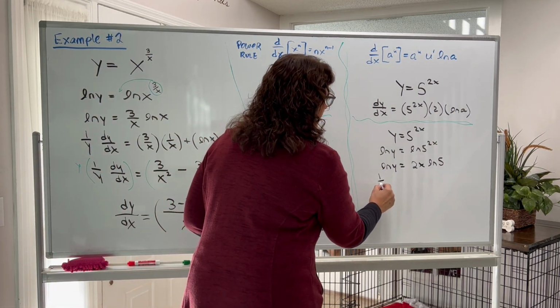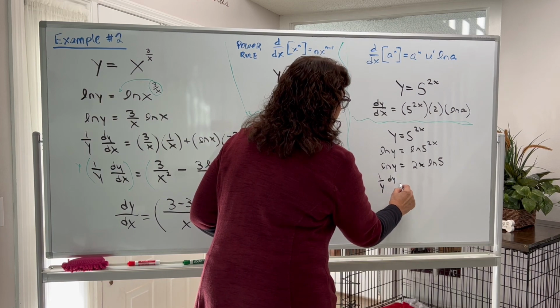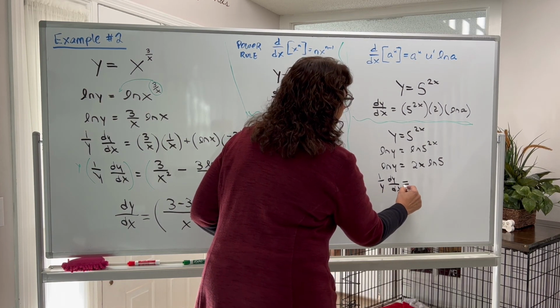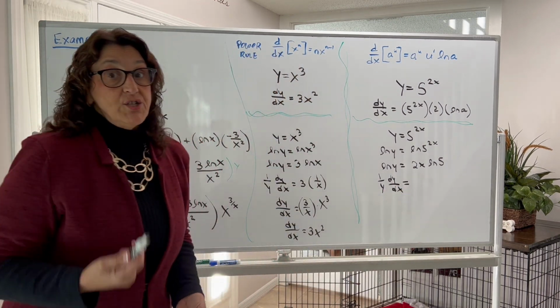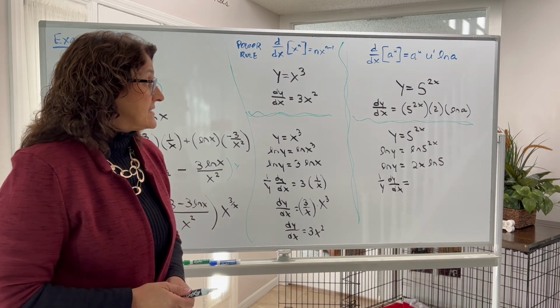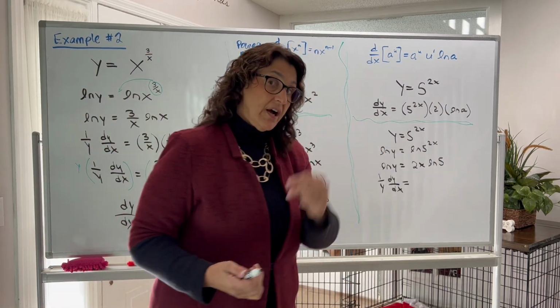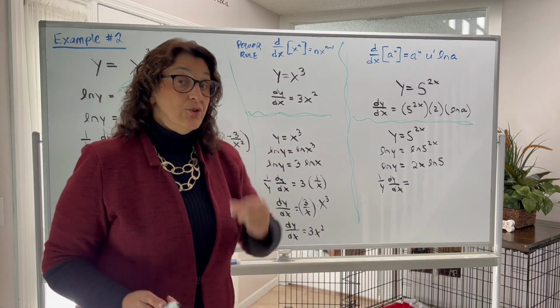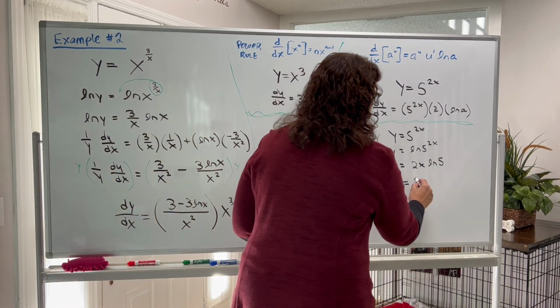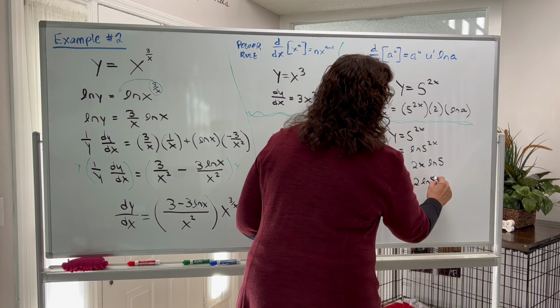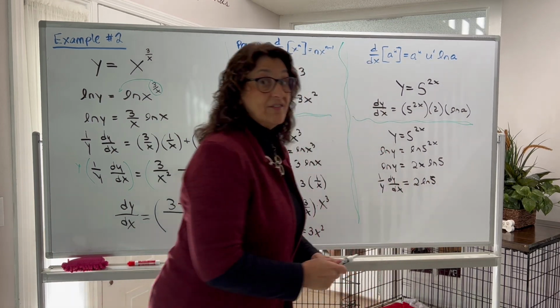Left-hand side is going to be 1 over y dy dx. Differentiate both sides of the equation implicitly with respect to x. Right-hand side, 2 and ln 5 are constants. When you have a constant times x and you take the derivative, it's just the constant. It's 2 ln 5, and that's the derivative of the right-hand side.